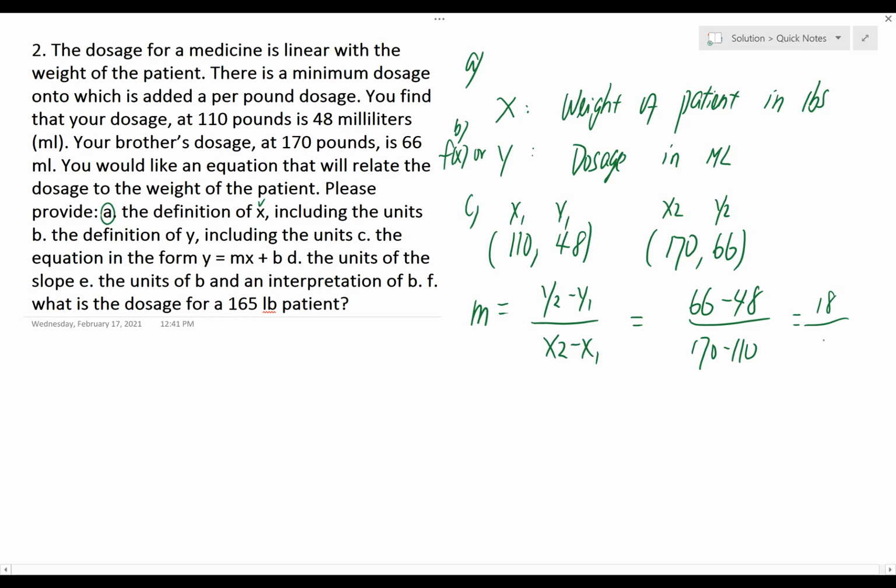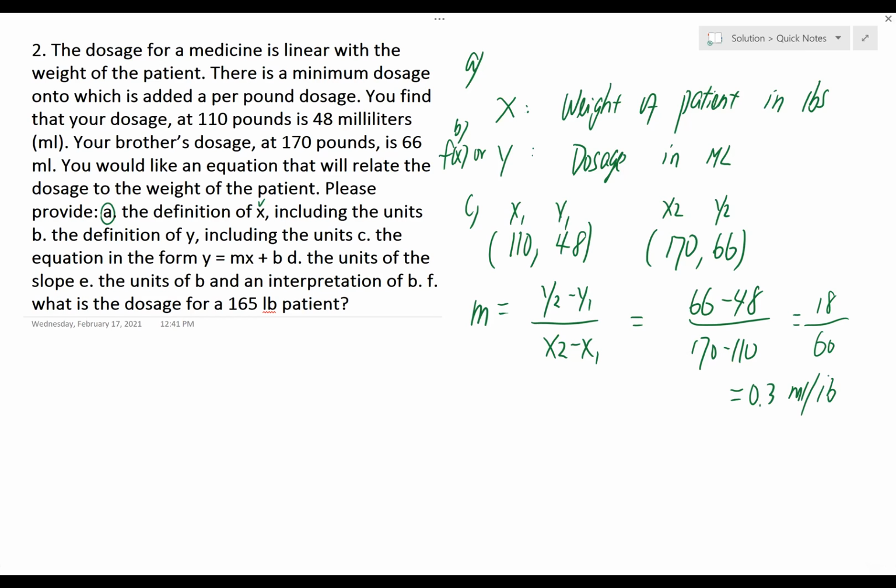On the denominator is 60. So this means it's 0.3. And the way we interpret it is 0.3 milliliters per pound, right? Meaning as the patient's weight increases by 1 pound, the dosage used will go up by 0.3 milliliter. That's the interpretation of the slope.